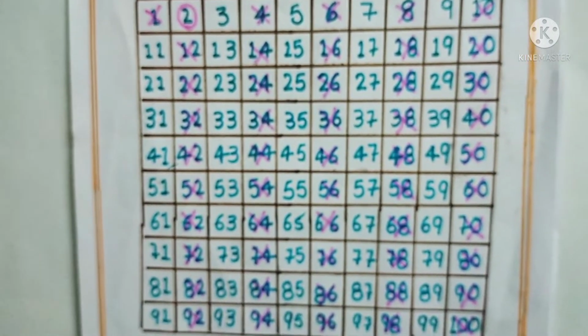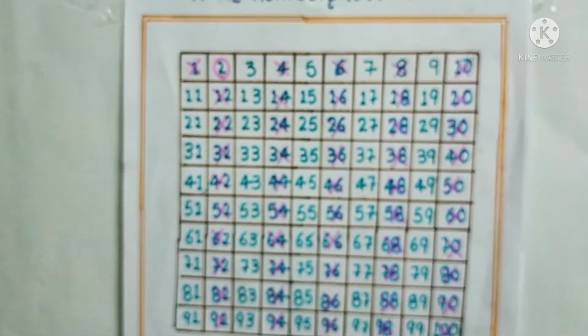We will find that the next uncrossed number is 3.